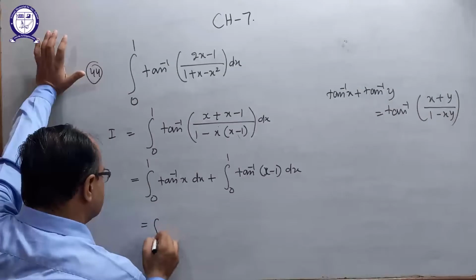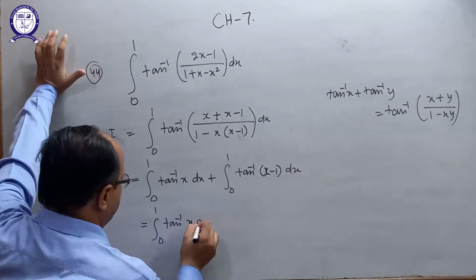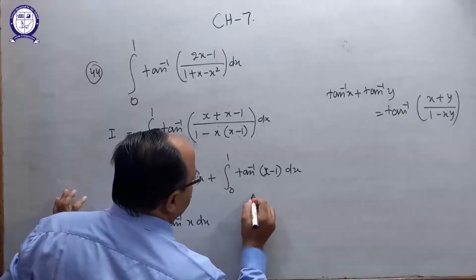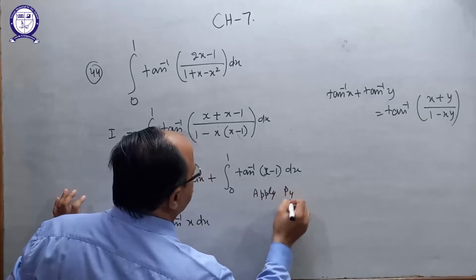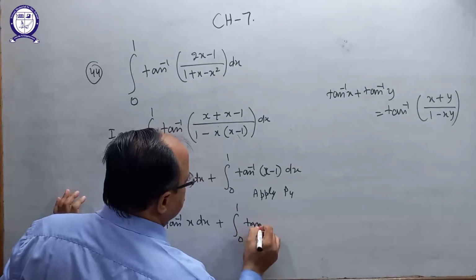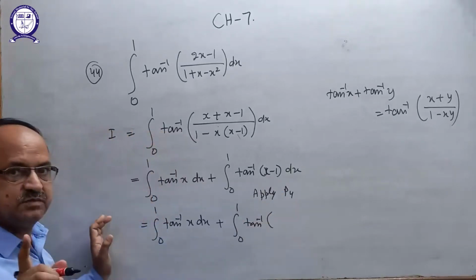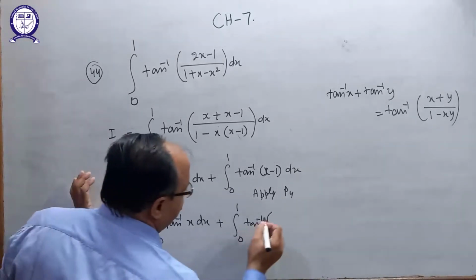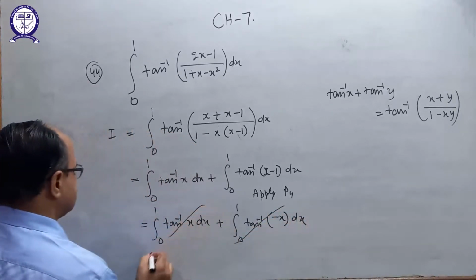Now integration 0 to 1 of tan inverse x dx. Apply here P4. Replace x by 1 minus x, because you know that P4 is a minus x, that is x only, dx, and this will cancel.